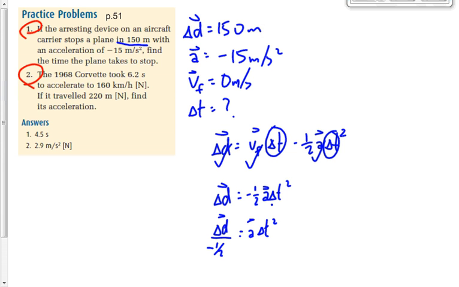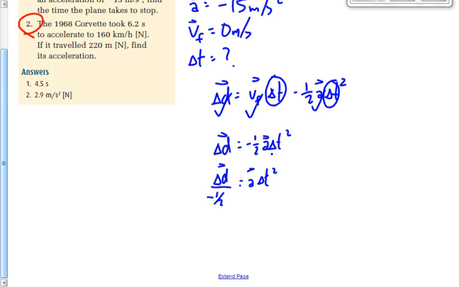Now we got to take the A over by dividing because it's multiplied by T squared as well. It becomes D over negative 1/2 of A. And now I got to get rid of the squared. How do I do that? Square root it. So it becomes the square root of D over negative 1/2 A equals T.